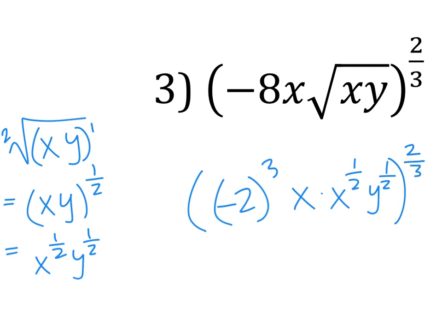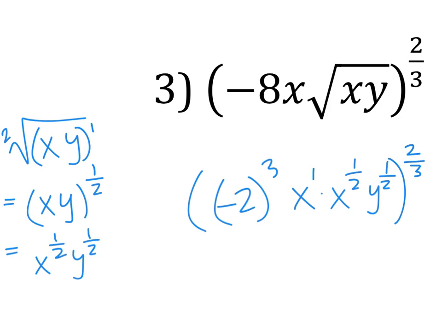Okay, it's getting crazy. You got to do it slowly and make sure you simplify as you go. All right, let's look at here. X is really x to the first. X to the first times x to the 1/2. We said if they have the same base, what can we do to the exponents? Add them. 1 plus 1/2.